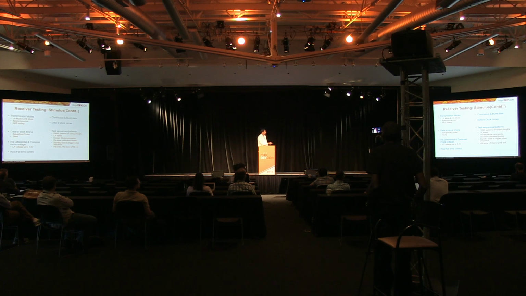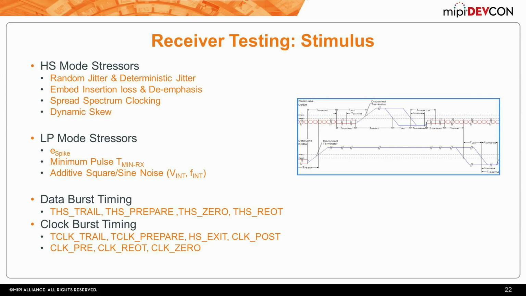Okay, there is another second slide. So we need to be able to do channel embedding, de-emphasis, all the LP mode receivers, LP mode stresses, excuse me. Traditionally, particularly if you talk about receiver testing, receiver testing is generally more complex than transmitter testing, that is true.